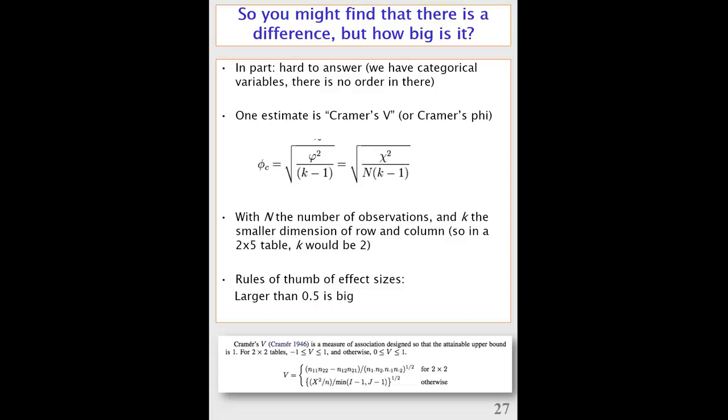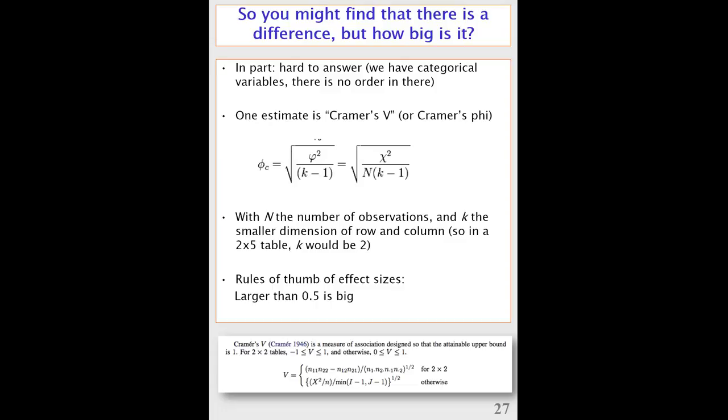And the other thing is n, that is the number of observations that you have. There you can also imagine that this makes a difference, because if you have a very, very large n, that will mean that the marginals, so the numbers on the edges of the table, are also relatively large. And that will mean that the cell counts themselves are also relatively large. And if I have relatively large numbers in the cells, it's easier to miss by a big margin.